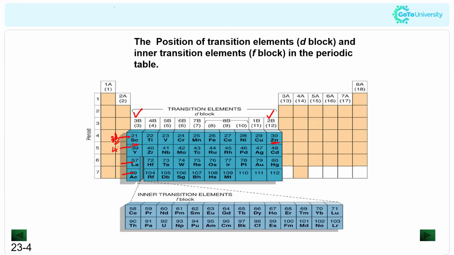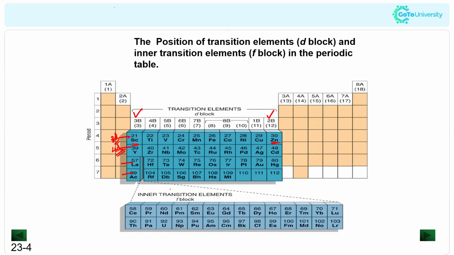The second one is the 4d transition series, because the 4d subshells are filled. The next one is 5d, like that. So based on which orbital is being occupied by the electrons, we can classify the different periods of transition elements into 3d, 4d, 5d transition series.